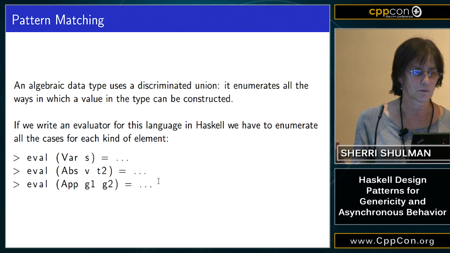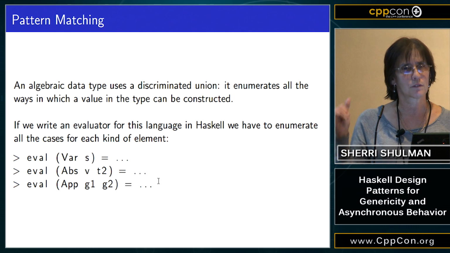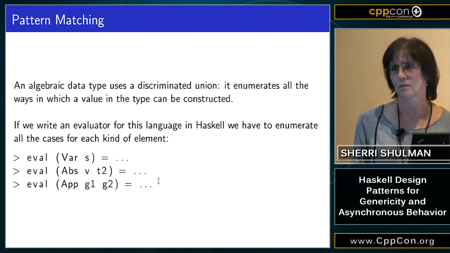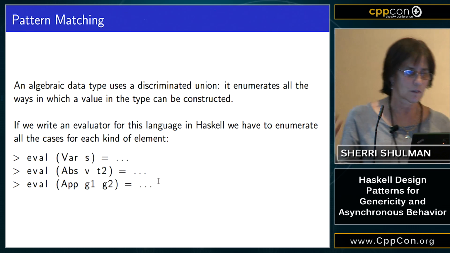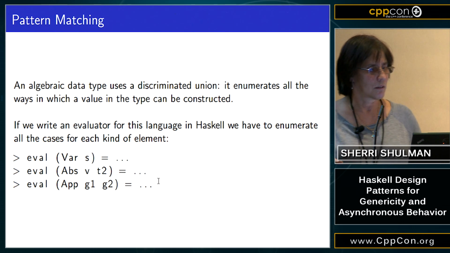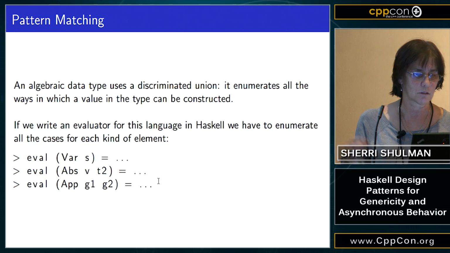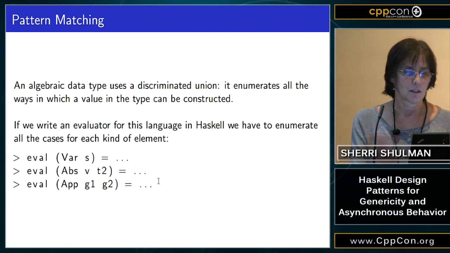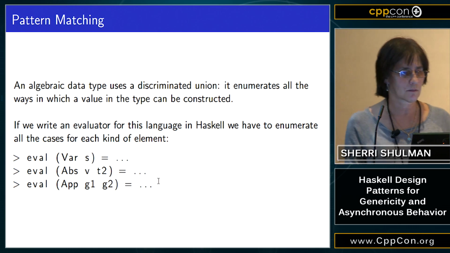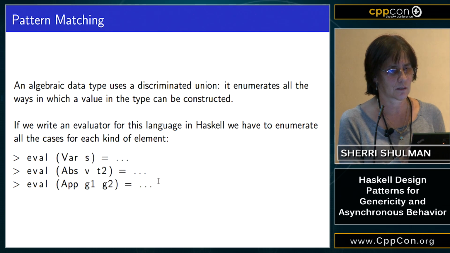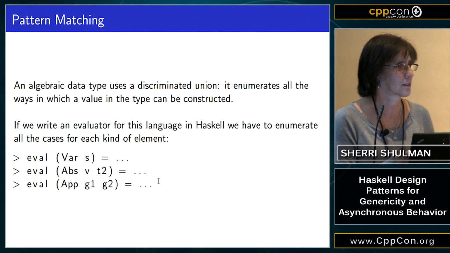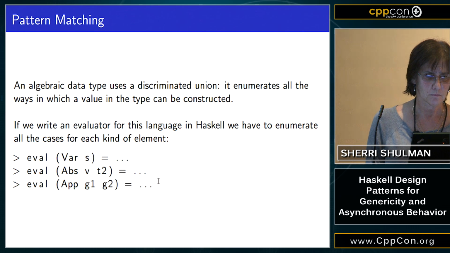So this is one function, eval, and the three different cases are for the three different kinds of values that we have. So if I want to evaluate a variable, an abstraction, or an application. I didn't put in the right-hand sides on this because, in fact, to fully do it, I'd have to put in a store and a few other things to make it a full evaluator.